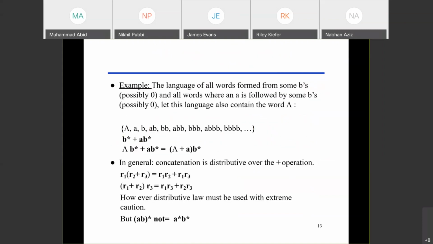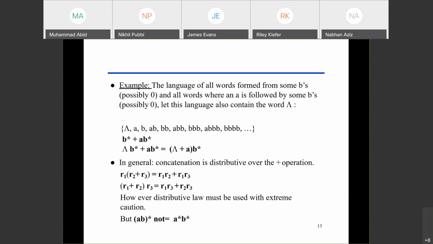So now this is another thing: the language of all words formed from some B's, possibly zero, and all words where an A is followed by some B's, possibly zero. Then this language also contains the word lambda. It says all words formed from some B's, possibly zero.